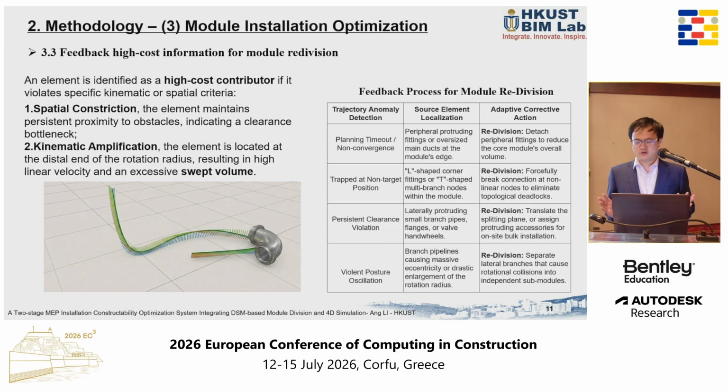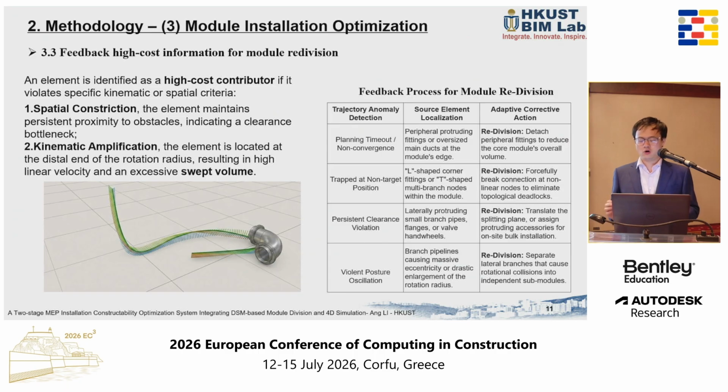However, the initial module division can cause some trajectory anomalies, such as violent oscillations, rendering the module unsuitable for installation. To resolve this, our feedback mechanism identifies modules violating the kinematic or spatial criteria.